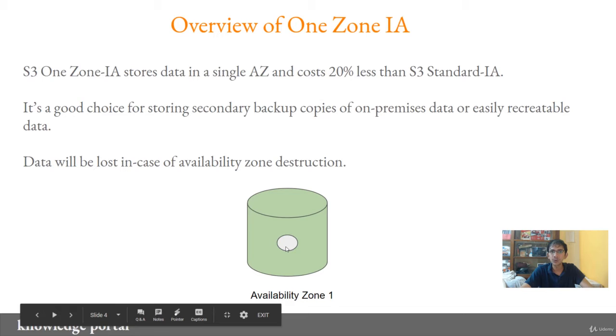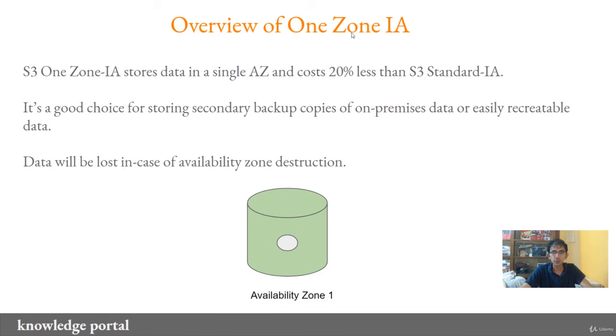This is the reason why this type of storage class is recommended for a secondary backup copy of the on-premise data or data which is easily recreated. So again, you have to make a choice. If you already have a primary backup somewhere and you want to store a secondary backup, that is something you can choose One Zone Infrequent Access for, provided cost is a concern for you.